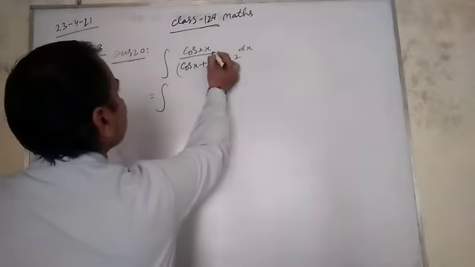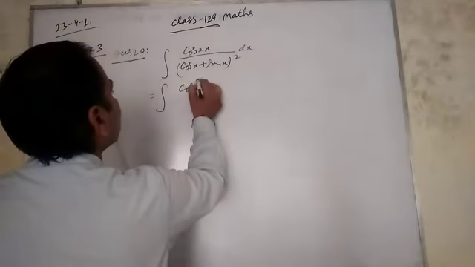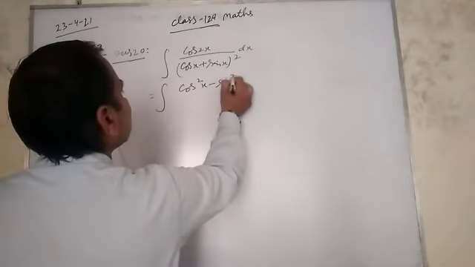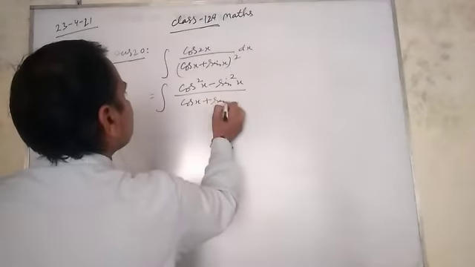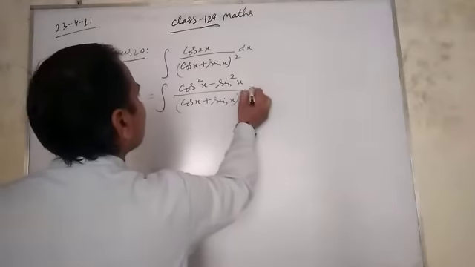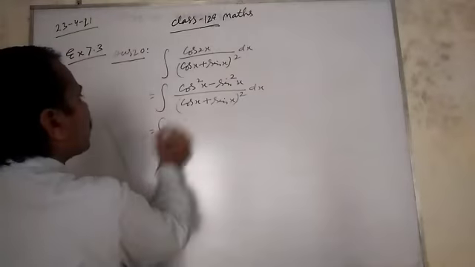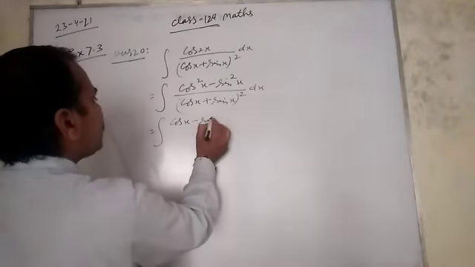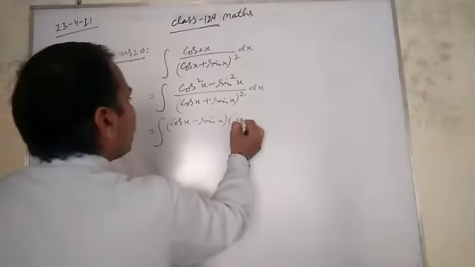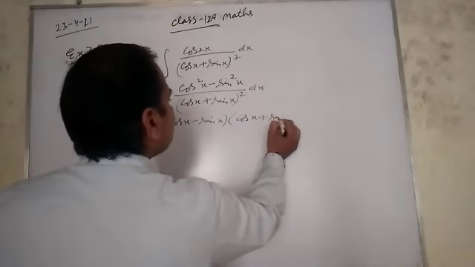So use the cos 2x formula: cos square x minus sin square x upon cos x plus sin x, whole square. Cos square x minus sin square x is a square minus b square, so a minus b and a plus b.